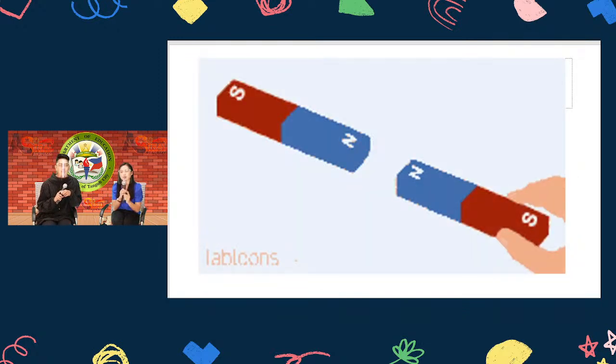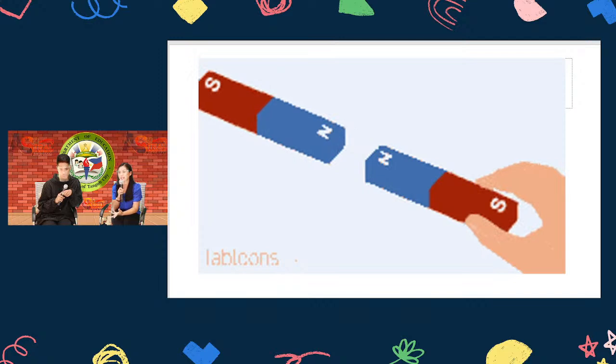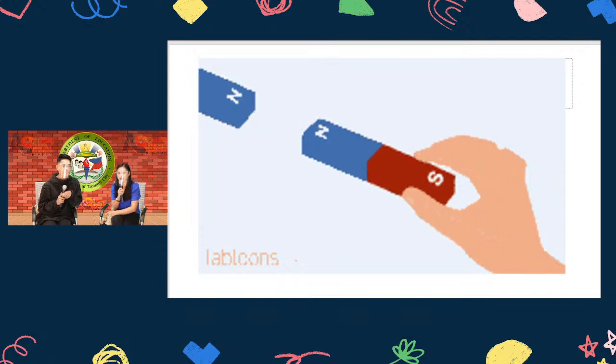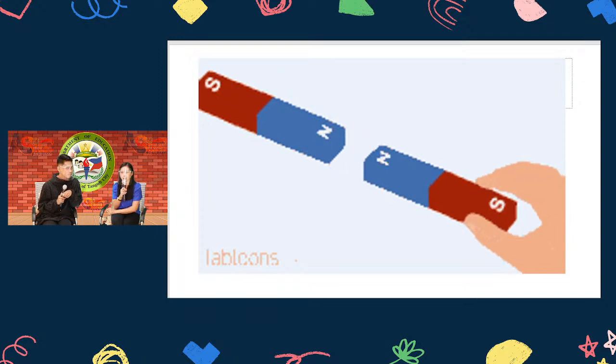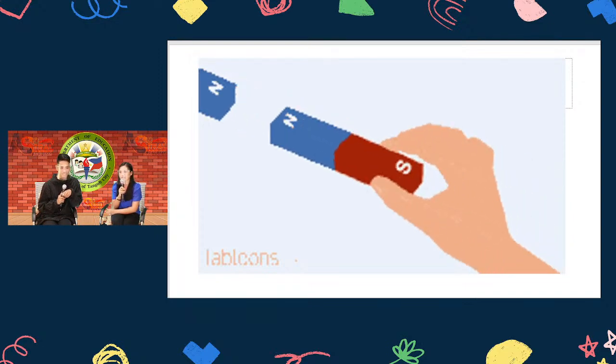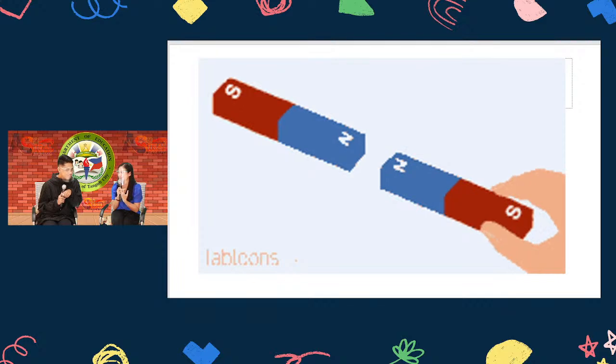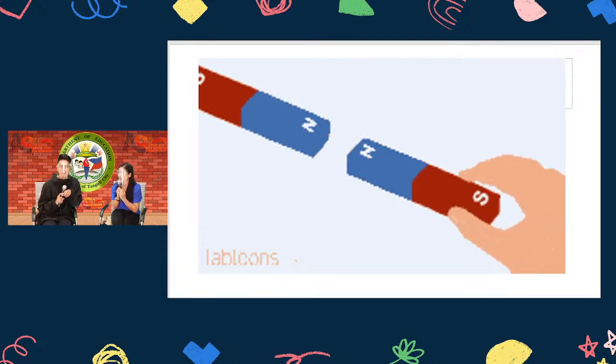However, when the north pole of a magnet is placed near the north pole of the other magnet, they will repel each other, no matter how close you bring them to each other.